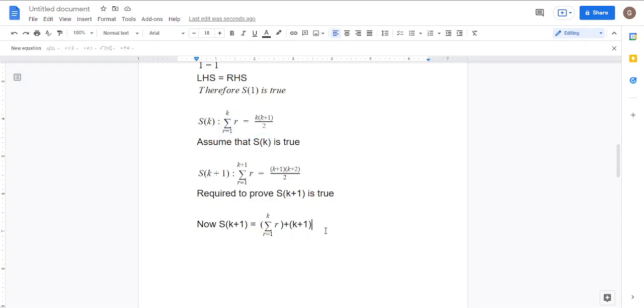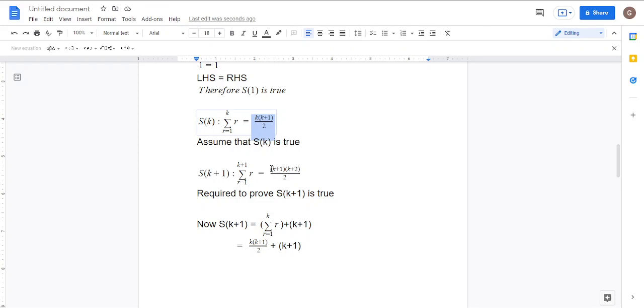Then I would come here and say that this, let me copy it, is the same thing as that plus k plus 1. All we did here is replace this with what we stated previously. We assumed this is equal to this, and you can replace them.